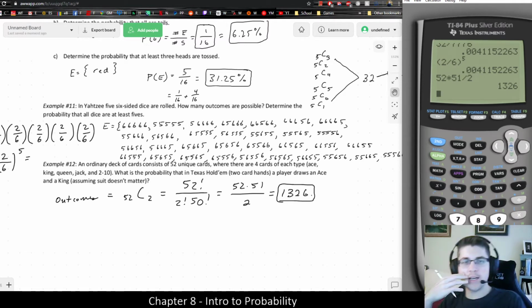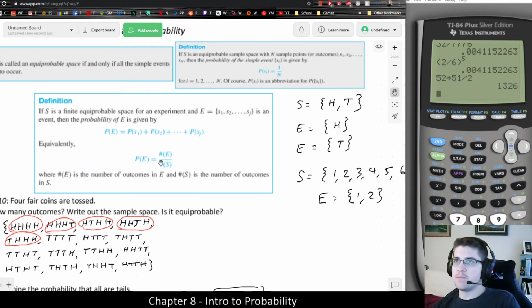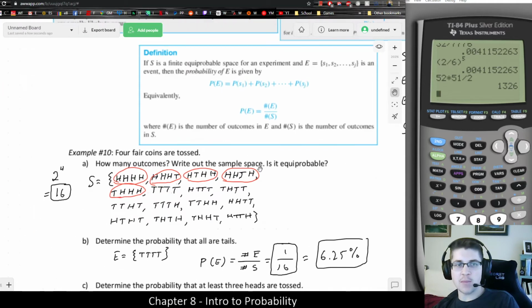The probability of our success should be a number divided by that, because the general rule of thumb is that the probability of an event occurring is the number of outcomes in that event divided by the sample space size. So the size of the sample space is super helpful because that gives me the denominator of my fraction. Then all I need to know is my numerator.